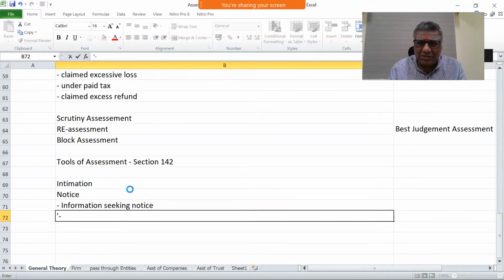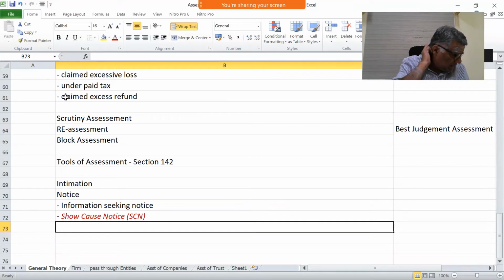The next is very, very popular, which is known as show cause notice, SCN.